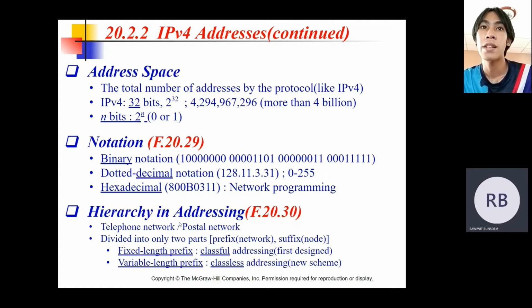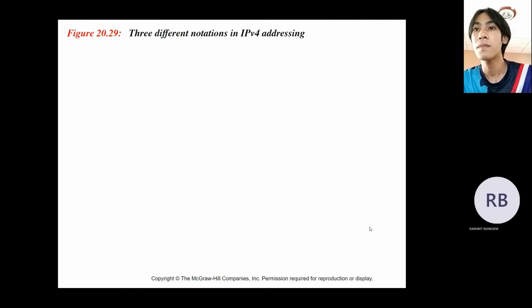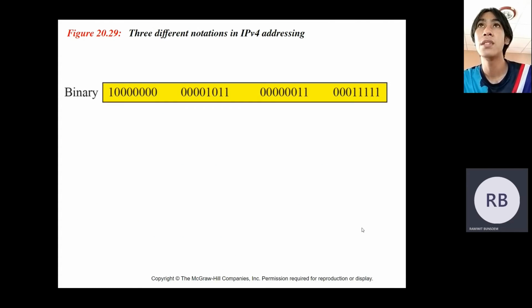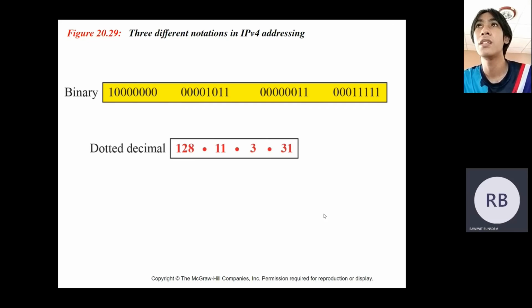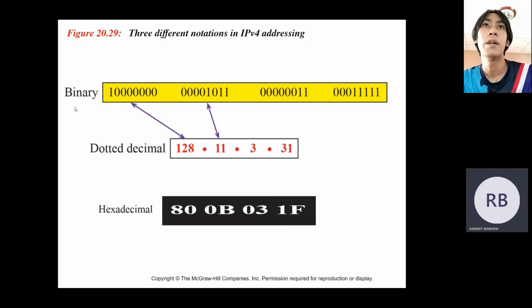Hierarchy in addresses, as in the telephone network and postal network, is divided into only two parts: a fixed length prefix and a variable length prefix. The next is the three different notations in an IPv4 address: binary, dotted decimal, and the last is hexadecimal.